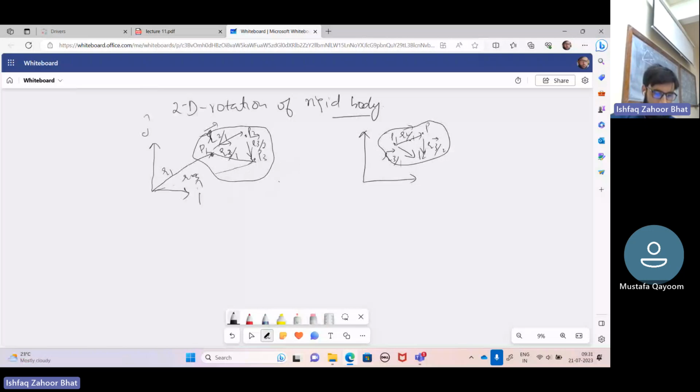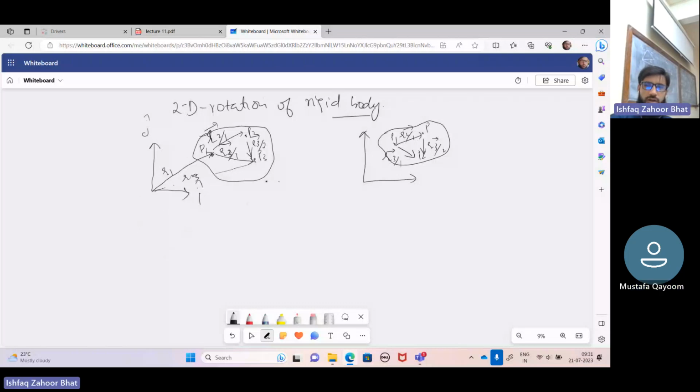So this is a rigid body. What is the definition of the rigid body? The definition of the rigid body is that if you take any two points on the rigid body, whichever points you like, the distance between them is always constant.